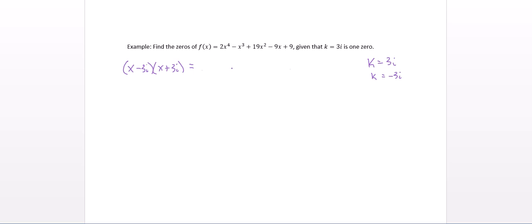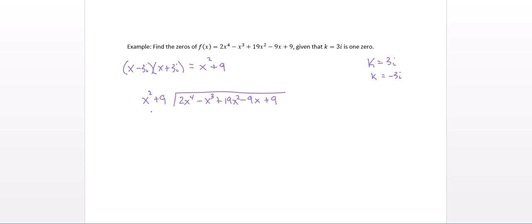My zeros turned into factors. x times x is x squared. Positive 3ix and a negative 3ix cancel out. So I'll have a negative 3 times 3 is 9, i squared is the same as negative 1. So I'm going to take x squared plus 9 and divide it into 2x to the 4th minus x cubed plus 19x squared minus 9x plus 9.